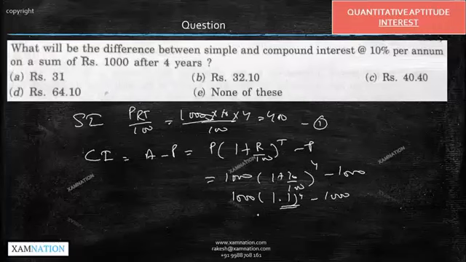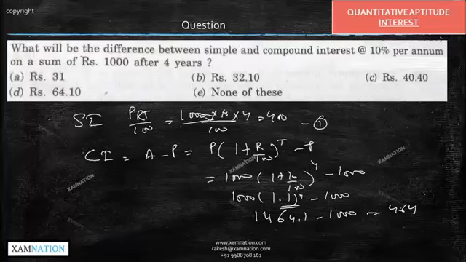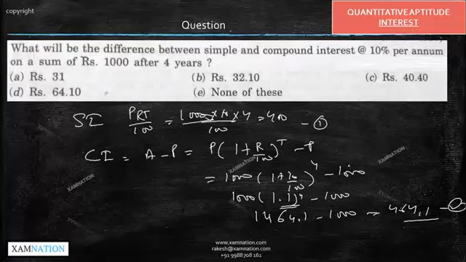When I solve this, I get 1.4641, minus 1000, and it is 464.1. So this is the second. I need to find the difference between the compound and the simple interest, so I subtract the first from the second, and that is 64.1. So this is the correct answer.